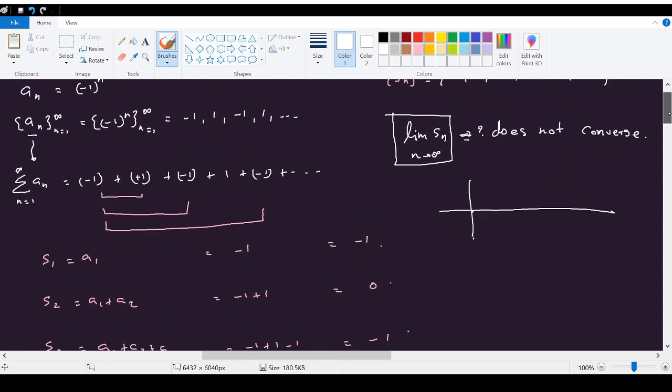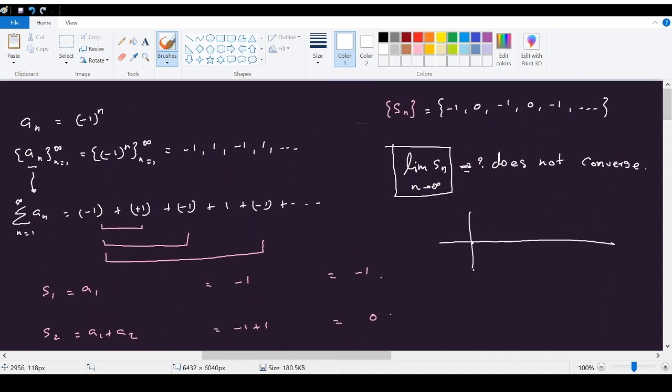So according to the relationship between the partial sums and the series, as we have defined, if the sequence diverges, then we say that the series also diverges.